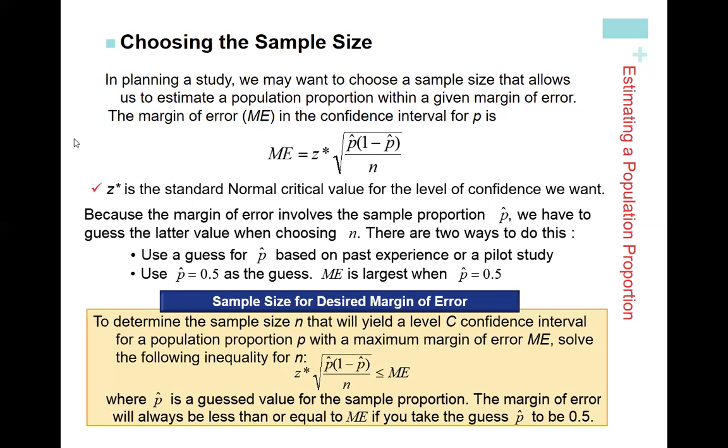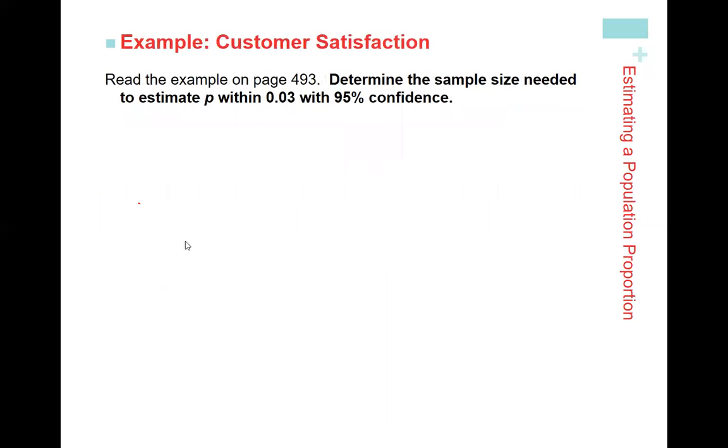All right. Determine the sample size needed to estimate p with a margin of error of 0.03 with 95% confidence. So I'm going to do this a little bit differently than the notes layout. I'm going to actually write the formula out here, and then we are going to work through that.